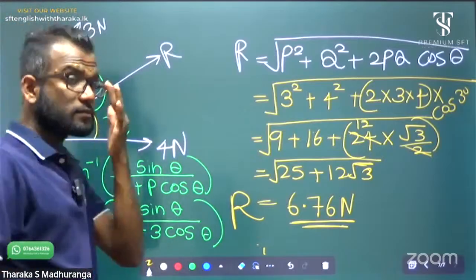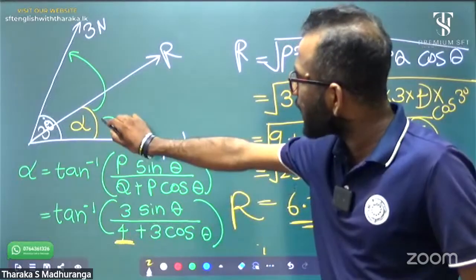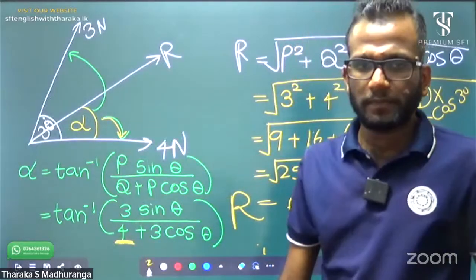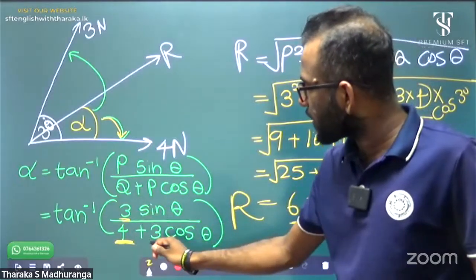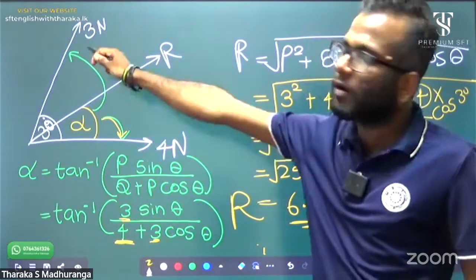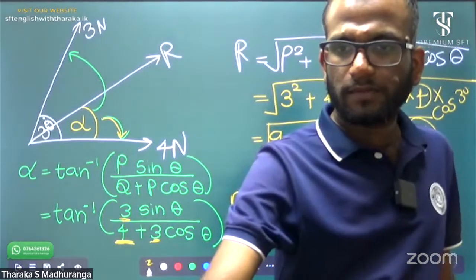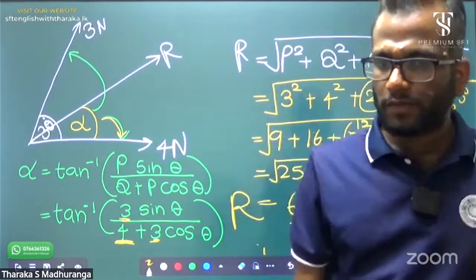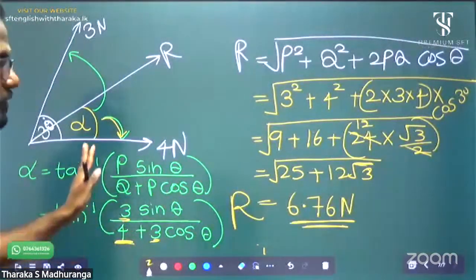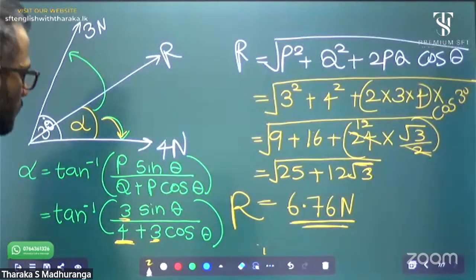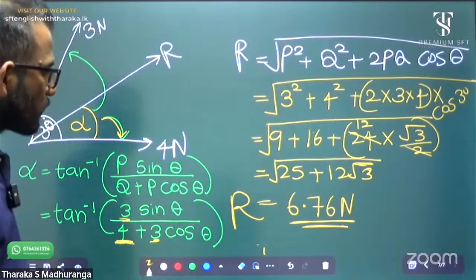Always the single force is the angle side one. Sin and cos both are multiplied by the opposite one. That is a rule. Okay, you have to be careful at this point. Now can you get this value?